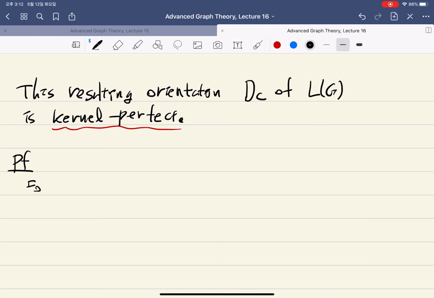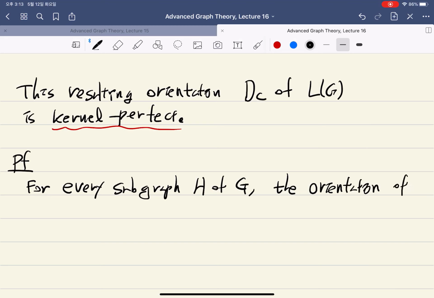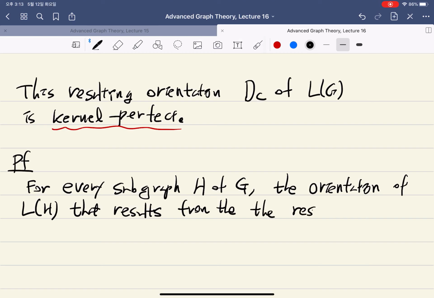But if you consider a subgraph, say H of G, the orientation of this line graph of H that results always comes from the restriction of C to the edges of H.